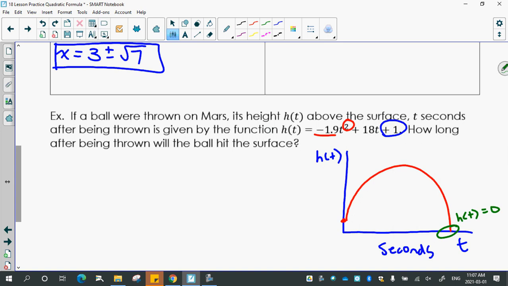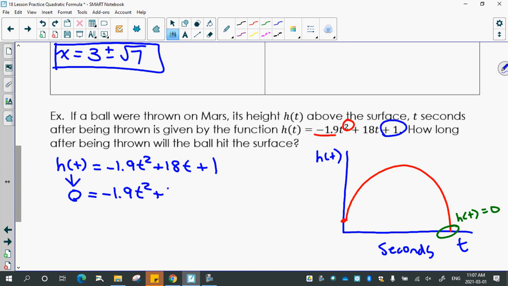So we can start off with our equation, but we want to replace height with 0 because we want to know the time it takes to hit the surface after it's thrown, after being released.